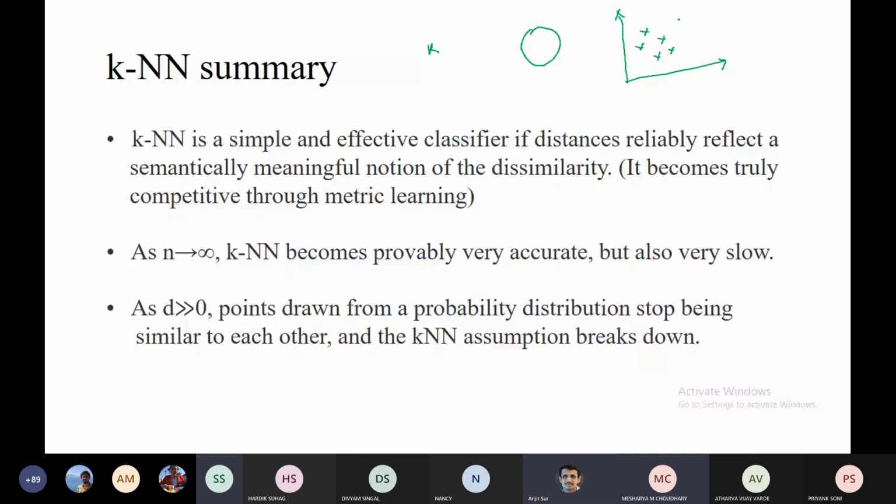If this is the data point, this is the k, so it is k equal to 3. Now if we say k equal to 5, then it is this. If k equal to 7, it will definitely take this.